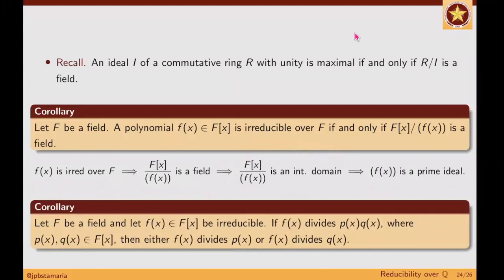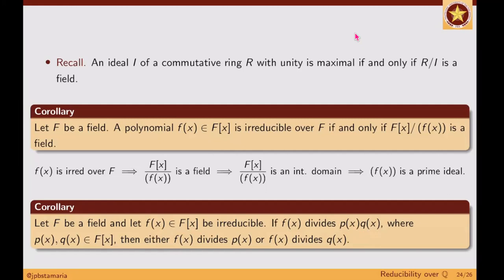What does that say? Ito yung sinasabi nun. Pag irreducible si f of x at dinidivide niya ang product ng dalawang polynomials, dapat isa dun sa mga factors ang dinidivide ni f of x, parang property yan ng mga prime number, di ba?